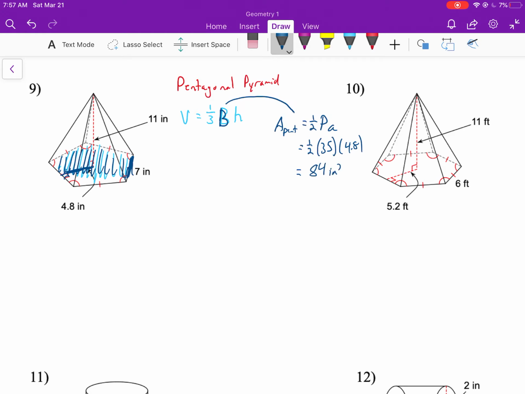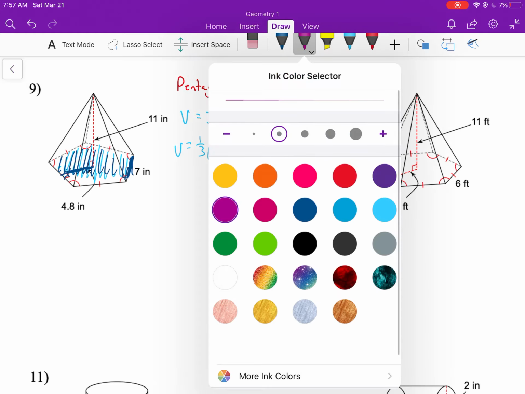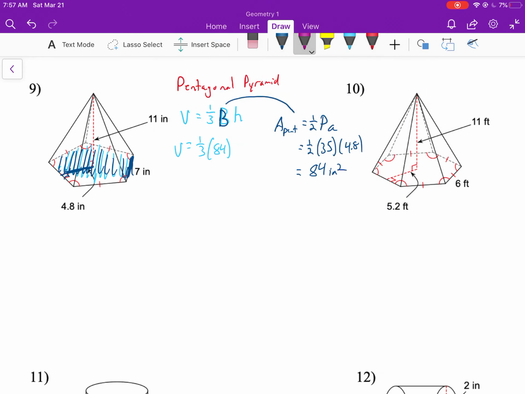inches squared. And now we want to plug that back into our formula. Volume is 1/3 the area of the base, which is 84 inches squared, times the height of the prism. Here we will see, do it in purple here. Here's the height of the prism. And so that is 11 inches.